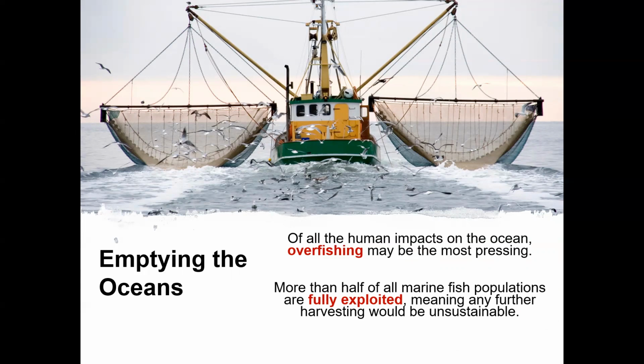And fully exploited populations means that any additional harvesting of those populations would be unsustainable. So more than half of places in the world where we would normally fish, we can no longer do so because those populations have been so overfished that it's unsustainable to do anymore.